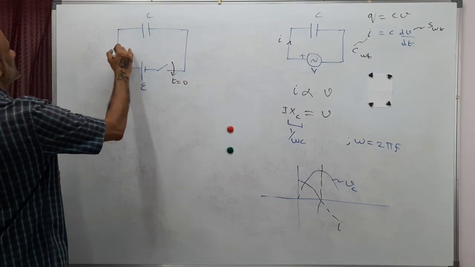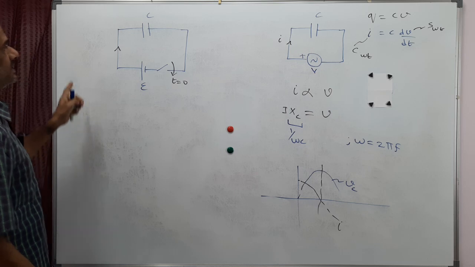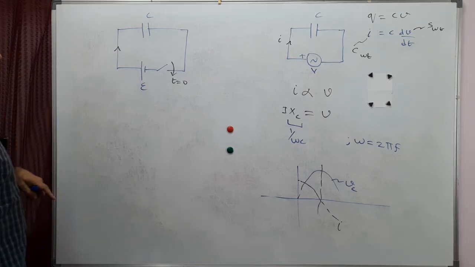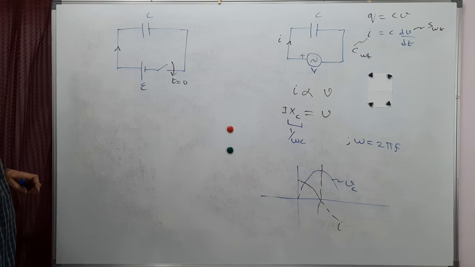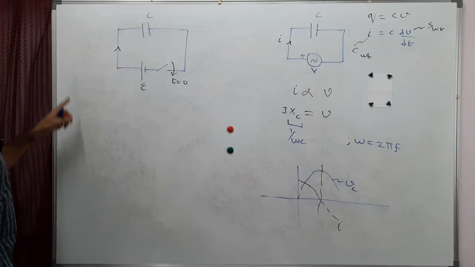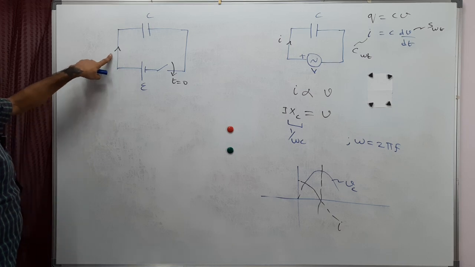As soon as the switch is closed, the current will start flowing, and before it reaches a steady state, it will be a time varying or transient current. Once it reaches the steady state, the capacitor will get fully charged, and this will act as an open circuit, so the current will reduce to 0.